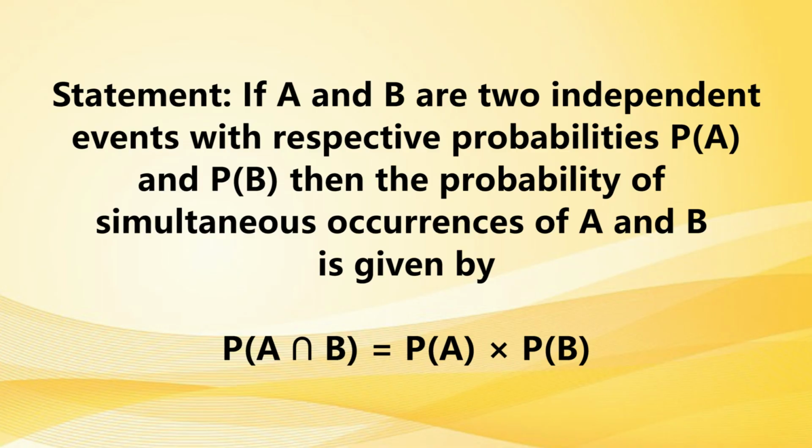Statement: if A and B are two independent events with respective probabilities P of A and P of B, then the probability of simultaneous occurrences of A and B, probability of A intersection B, is equal to probability of A into probability of B. Let us understand this with the help of an example.